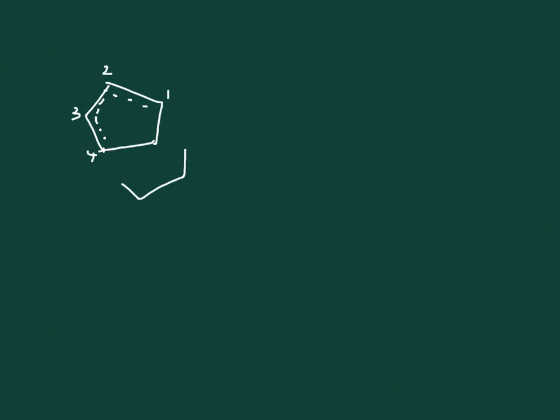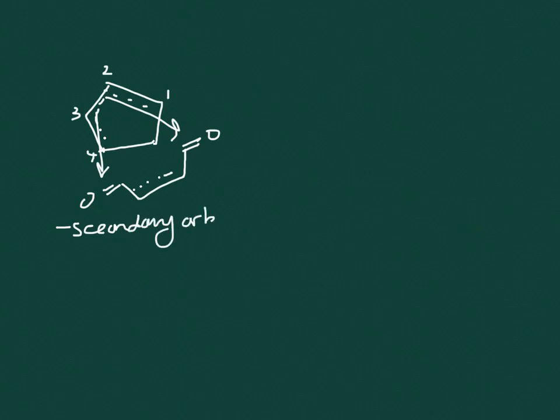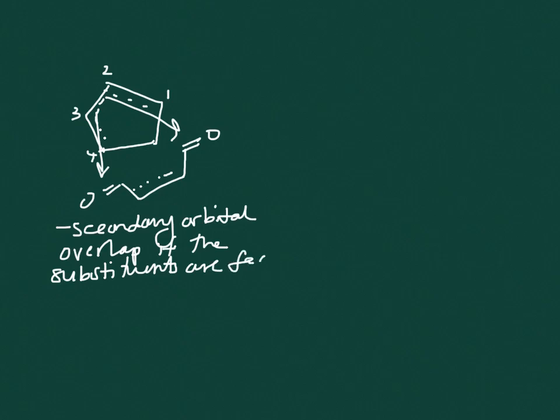When we add our dienophile, we can have secondary orbital overlap if the substituents are facing in the direction shown.